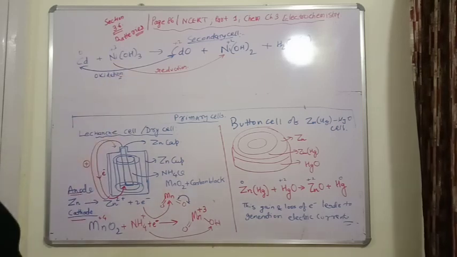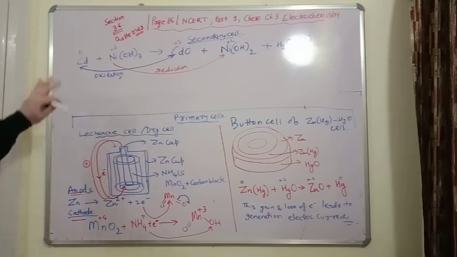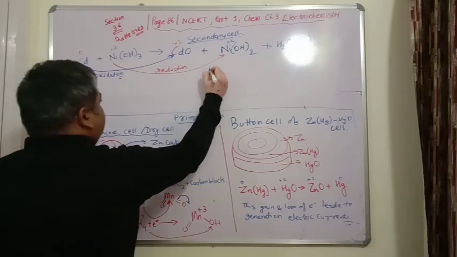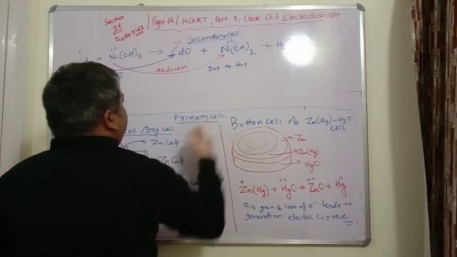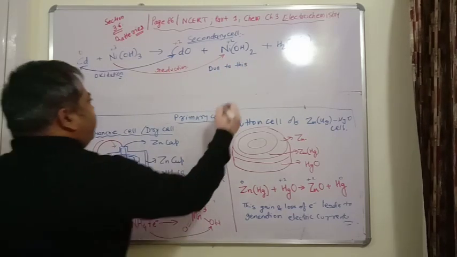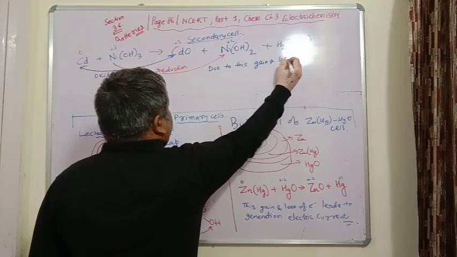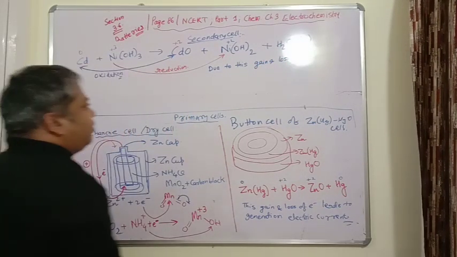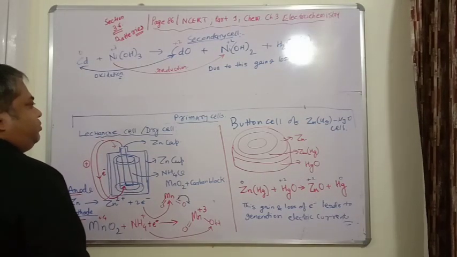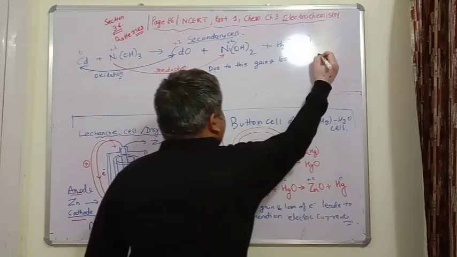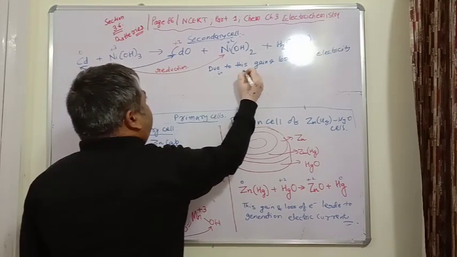Very clearly it is written in the book that this part is not to be studied in an elaborated manner. This much is enough. So due to this gain and loss of electron, electricity is generated.